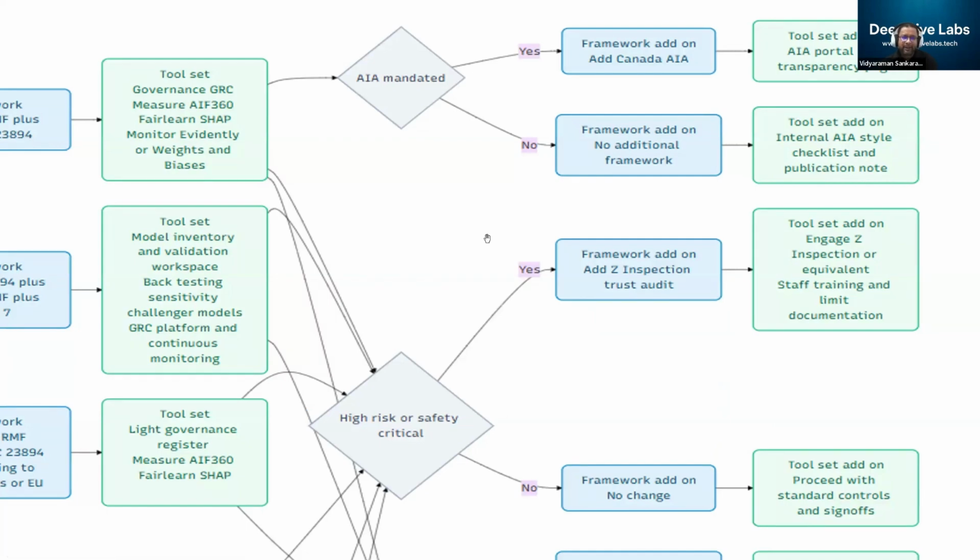So the Canadian AIA is mandated in certain conditions. So you also need to evaluate if the AIA is mandated. If yes, you go ahead and add on the framework for the Canadian AIA. Now, although this particular statement says the framework add-on is the Canadian AIA, Canadian AIA is less of a framework and more of a questionnaire that helps you get to a certain outcome here.